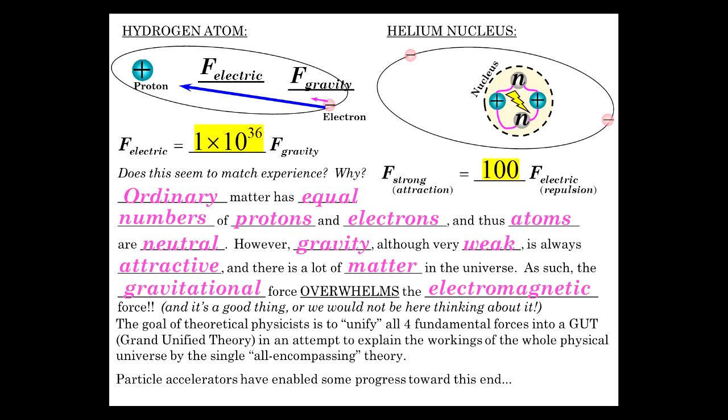Well, now the goal of theoretical physics is to unify all these forces that we're talking about into what's known as a grand unified theory, which describes all of these forces combining into one at very early stages, very early epochs in the universe. And basically it's an attempt to understand the universe and all of its forces in one unified theory. And actually, we've made a lot of progress toward that end in particle accelerators over the years.